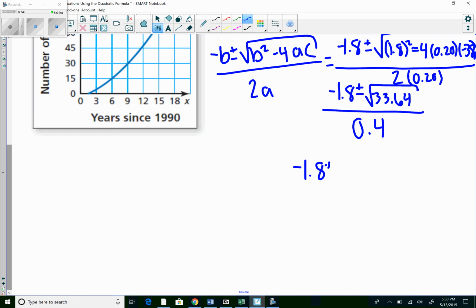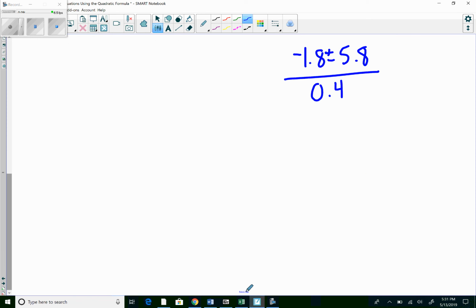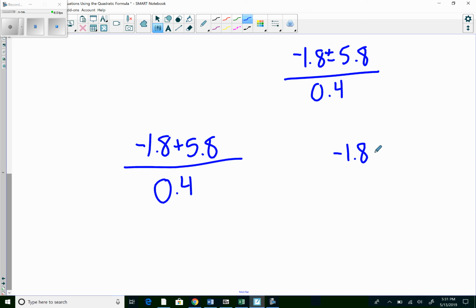Now, let's figure out what 33.64 is going to be once you take the square root of it. If I just grab my calculator and try that, I believe that's 5.8 over 0.4. So I've got negative 1.8 plus 5.8 over 0.4, and then negative 1.8 minus 5.8, all over 0.4.